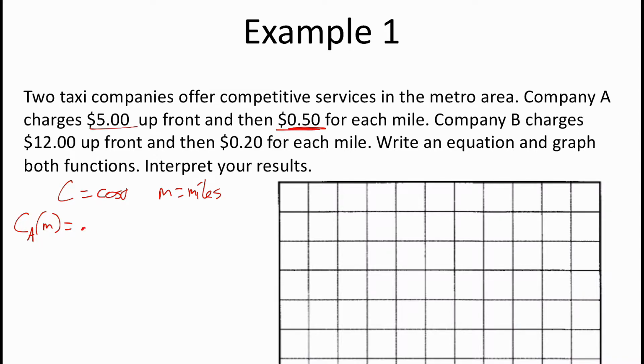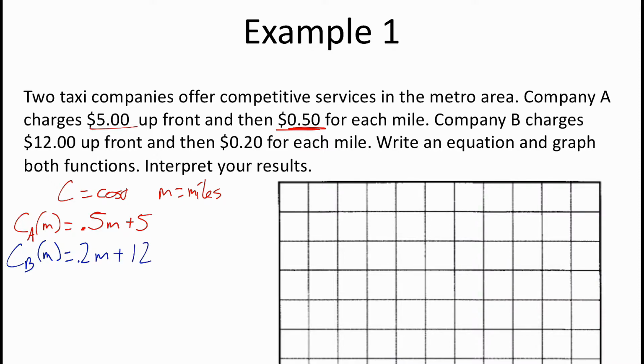Putting this into more standard form, I'm going to say 0.5 times M, or 50 cents per mile, plus $5. Similarly, company B, let me switch colors so that I can color code this. C sub B as a function of miles, they're charging 20 cents per mile, so that's 0.2 times M plus $12 up front.